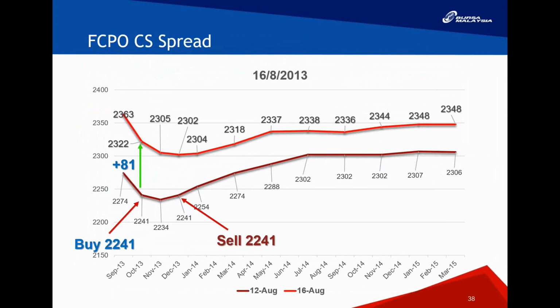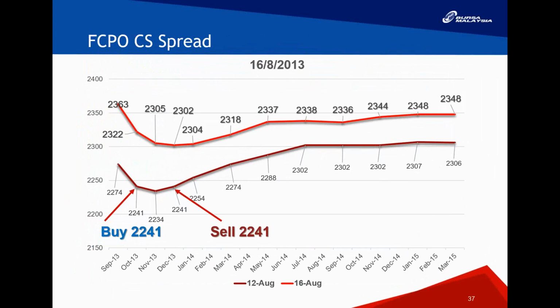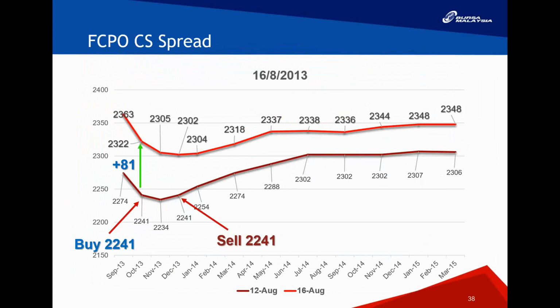Often I get this question asked: if I know the price will go up, why don't I just buy the October contract rather than also selling? So I buy 2,241 of October and may make 81 ticks the next day. The problem is that I do not know the price will go up tomorrow.